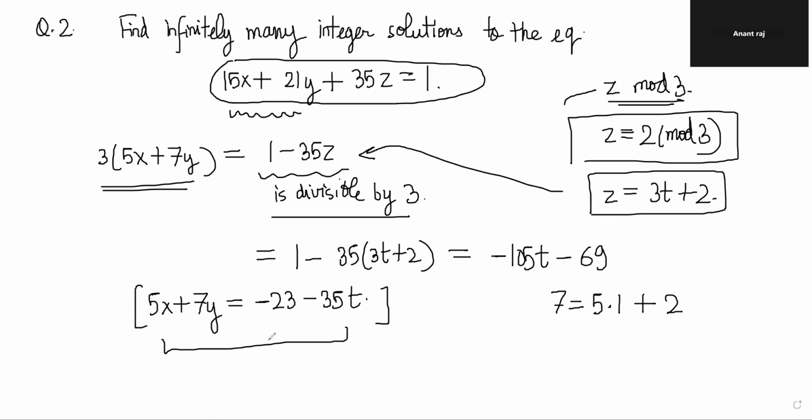So if you think of 7 as 5 into 1 plus 2, wait 1 second. x is 1, y is 1 and t is -1.